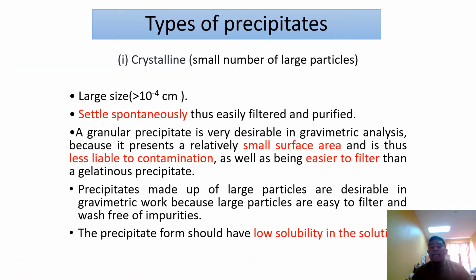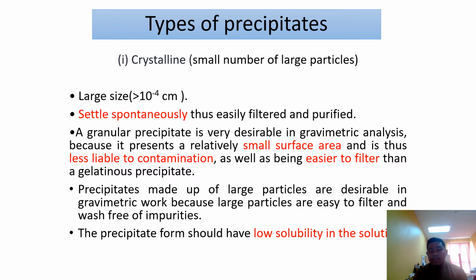Alright, so now we proceed with the types of precipitate that are produced. The desired precipitate is the crystalline precipitate, which has a small number of large particles. The size of this crystalline precipitate is above 10⁻⁴ centimeter. For your information, for crystalline precipitates, normally the reaction proceeds very spontaneously. It is easy to filter and also to purify that precipitate.